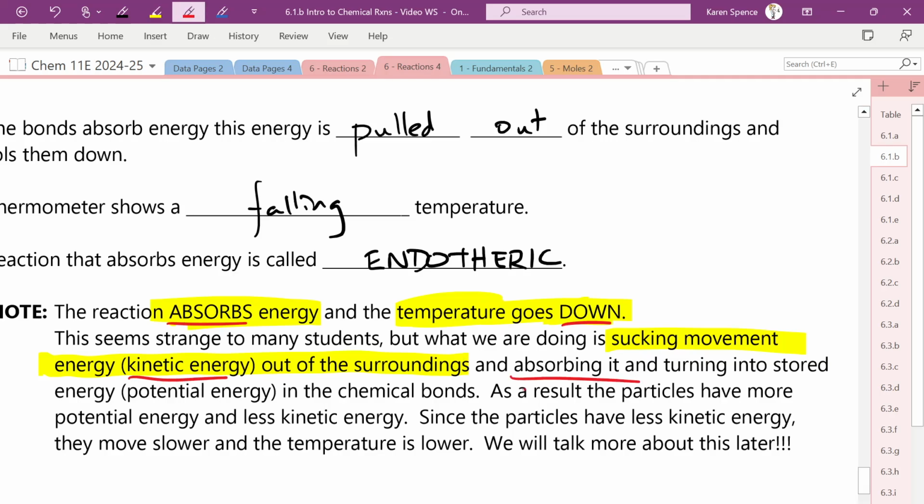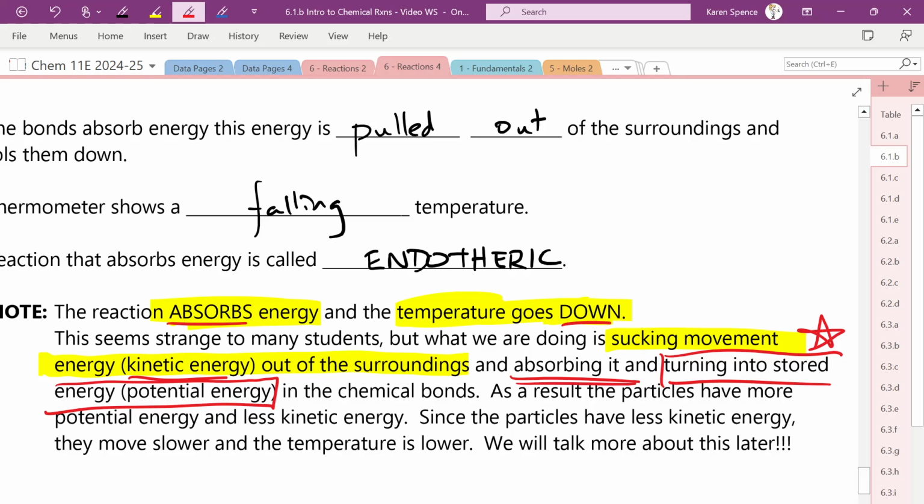We are absorbing it, but we're not just absorbing it, we are also turning it into stored energy. And that is the important bit: now you no longer have as much kinetic energy because it has been transformed into potential energy.